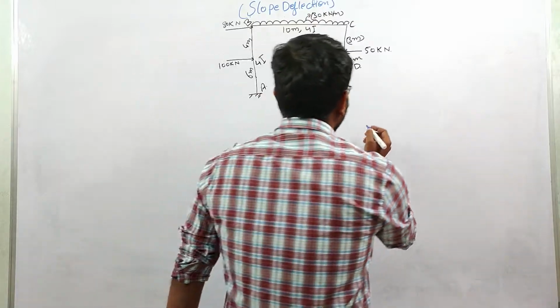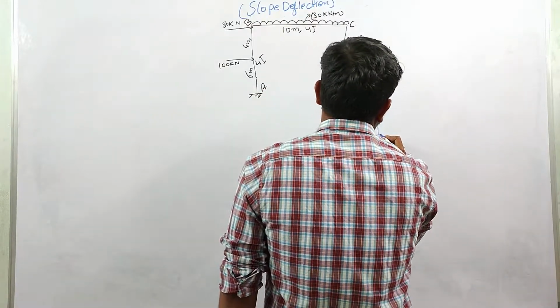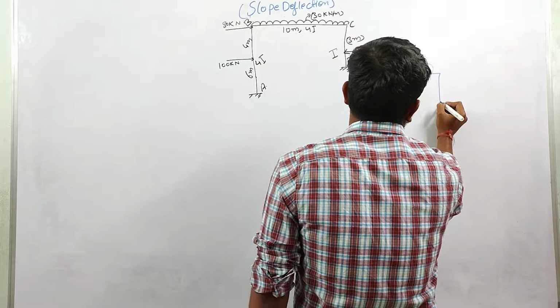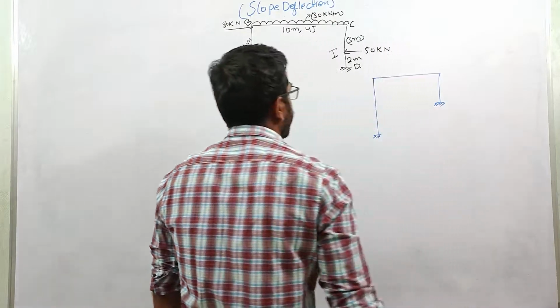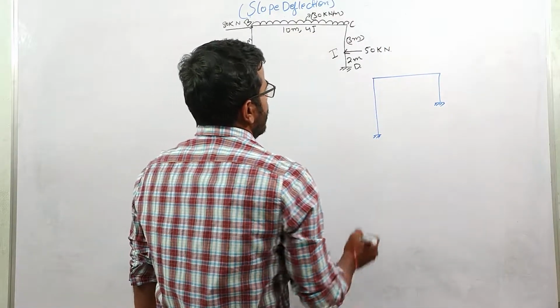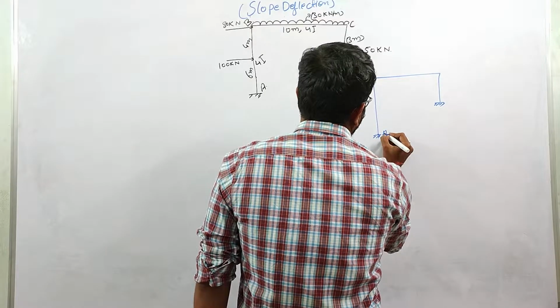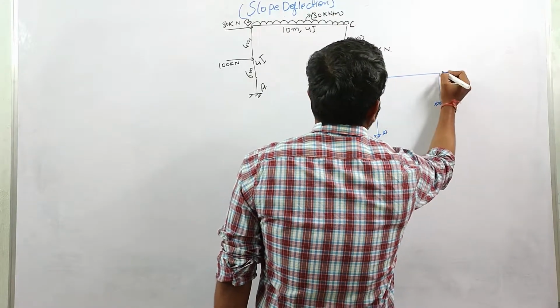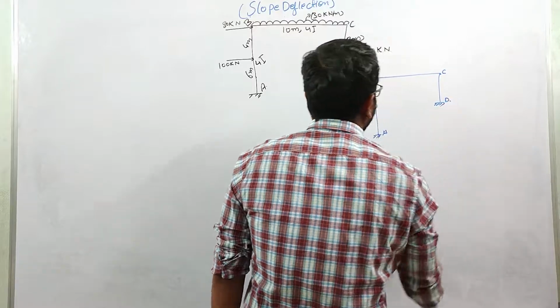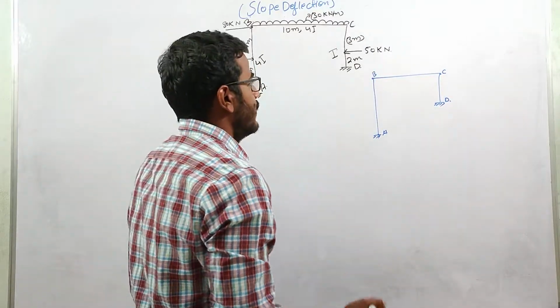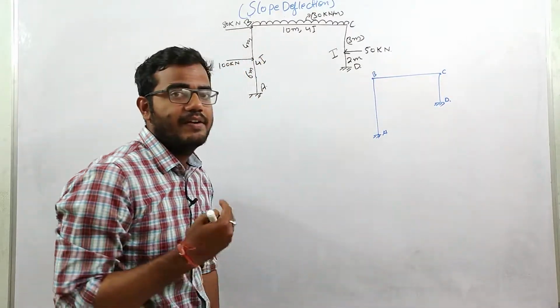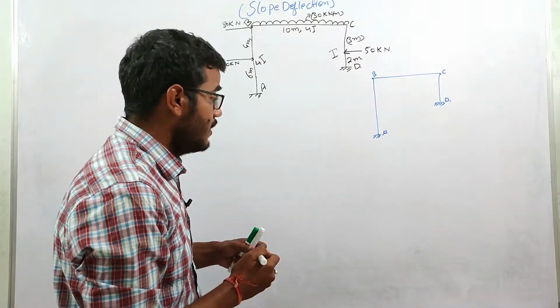In this frame, the node points are A, B, C and D. We need to define displacements at these positions.